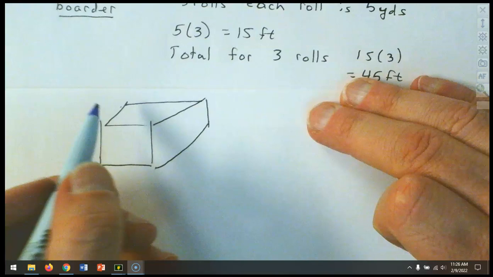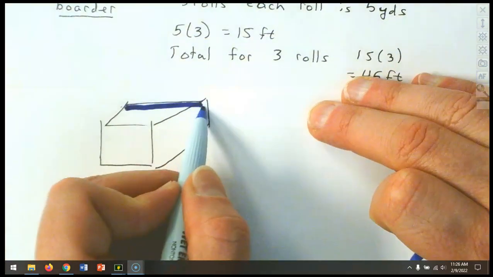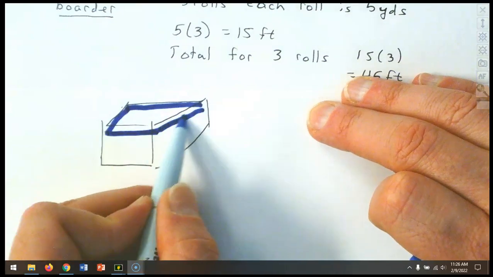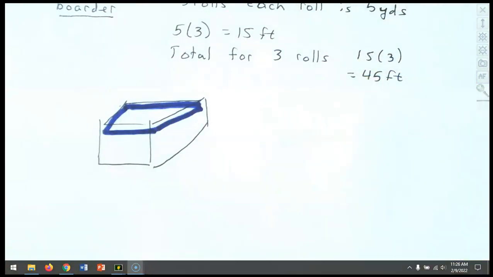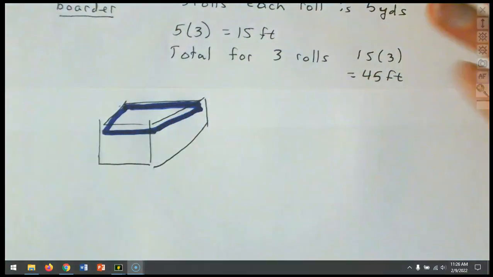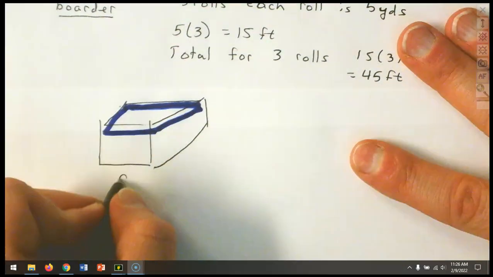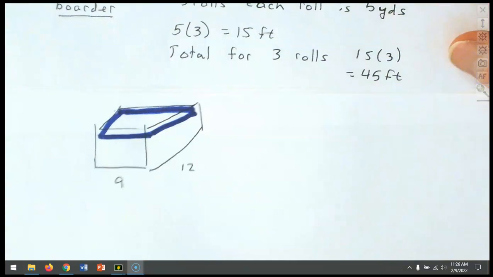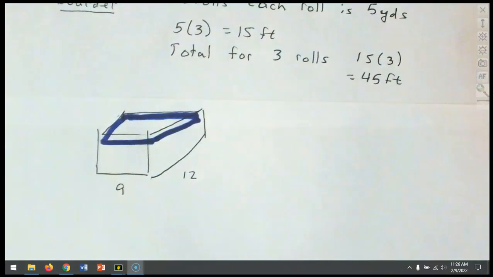Okay, if I try to put the border around the room, it looks similar to that, doesn't it? Okay. And this room is 9 by 12. So if I want to border this room, it's not going to be in square feet. It's not an area anymore, right? It's just the length of paper I need.